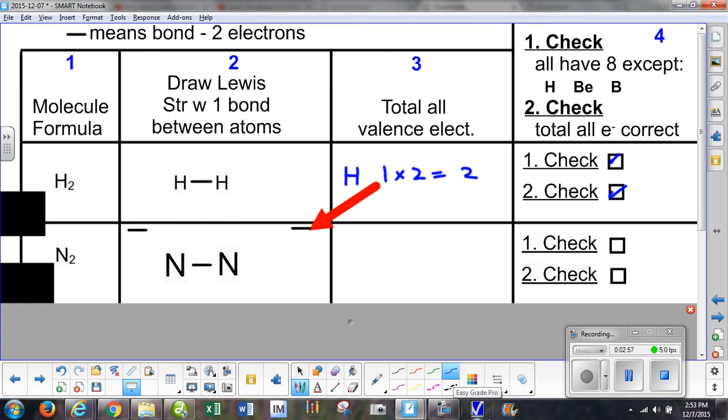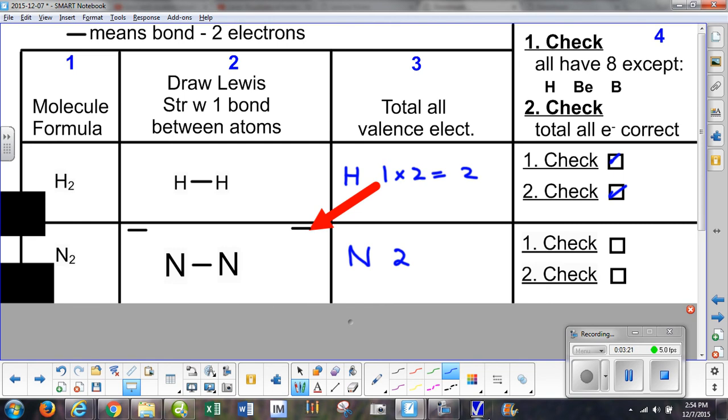First job, nitrogen. And how many nitrogens do I have in the molecule? 2. And how many valence electrons does nitrogen have? 5, because he's in column 5. Okay? Column number gives you the valence electrons.